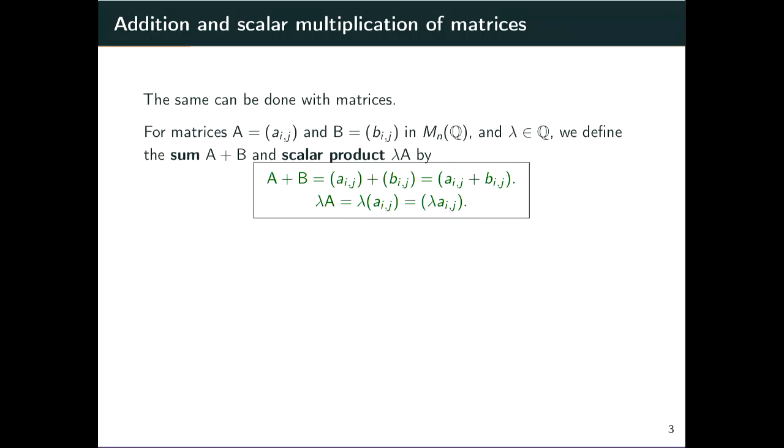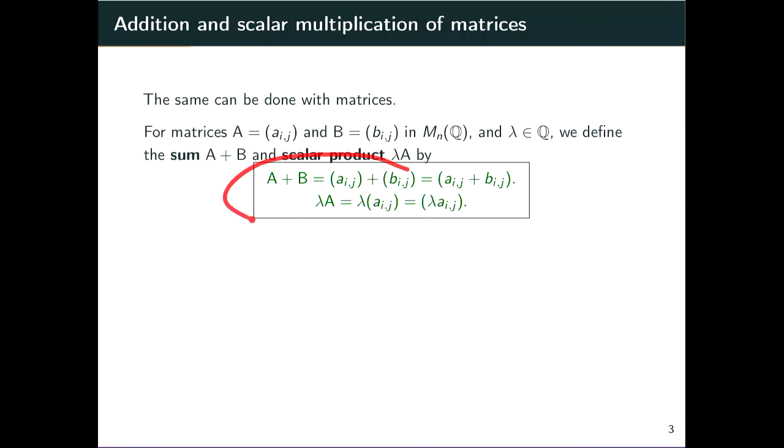So the row i, column j position, we add both components of those matrices together to get the sum. And then if we multiply a matrix by a scalar, then all we do is we change each entry into lambda times the original entry.